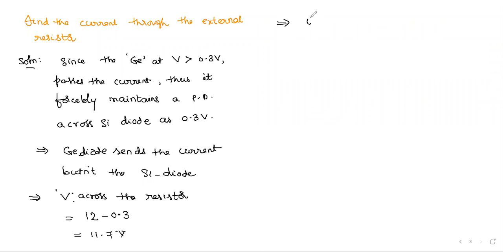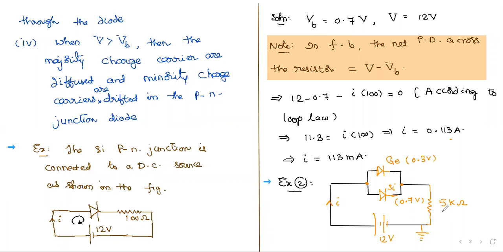That implies the current through the diode, sorry, through the resistor is equal to V by R. R is 5 kilo ohms, Nana.